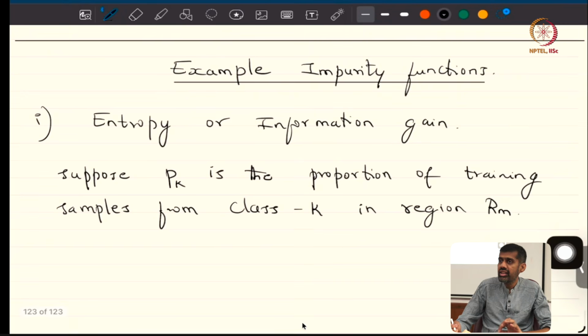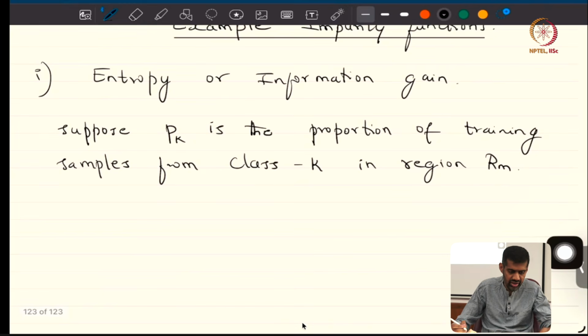What is pk? The number of samples from class k divided by the total number of samples in region Rm. If you recall the earlier classes, this is the ML estimate of that probability. The maximum likelihood estimate for a discrete random variable is the proportion of the number of samples from class k.